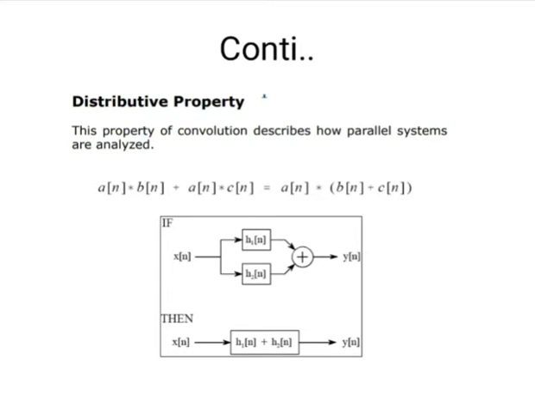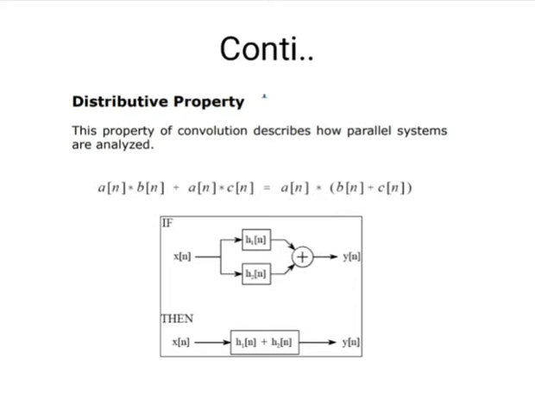Next is the distributive property. This property of convolution describes how parallel systems are analyzed. So a of n convolution b of n plus a of n convolution c of n is equal to a of n convolution the bracket b of n plus c of n.